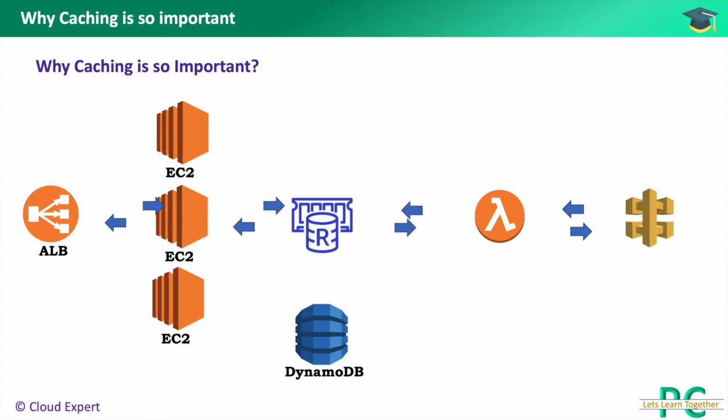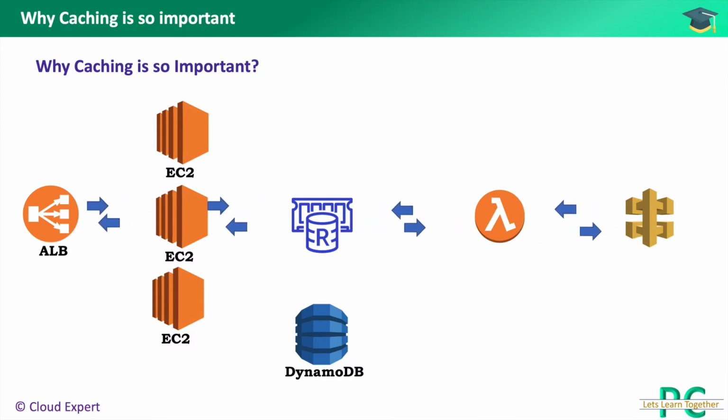But if the data is not available in the Redis cluster, it will go to the DynamoDB table, read the data, populate the data in the Redis cluster, and send the data back to your application. So now you can understand the introduction of that caching layer reduces a significant amount of load from your DynamoDB table if the user is requesting the same data again and again.